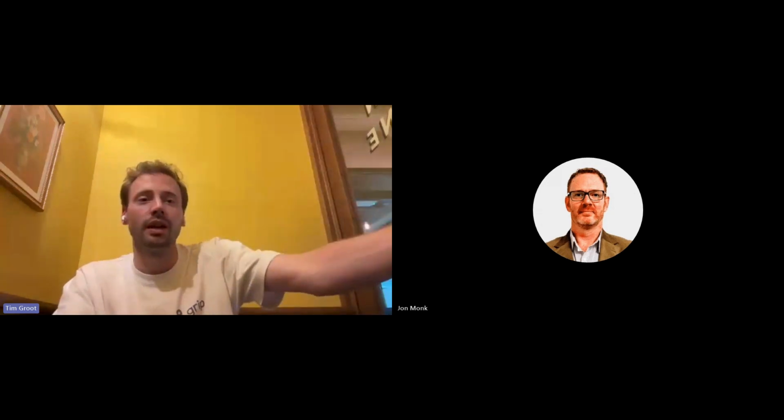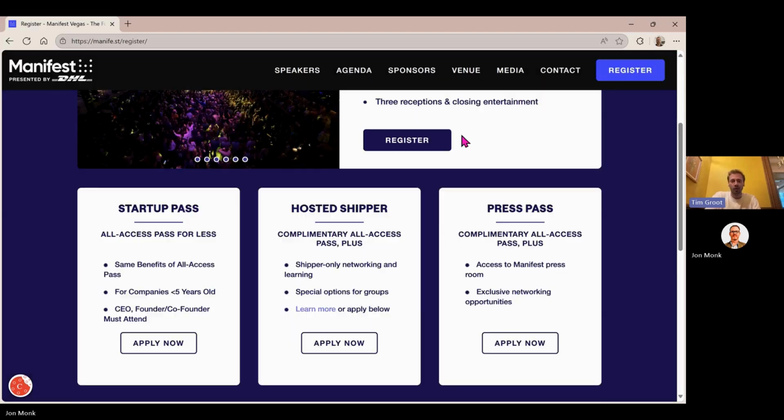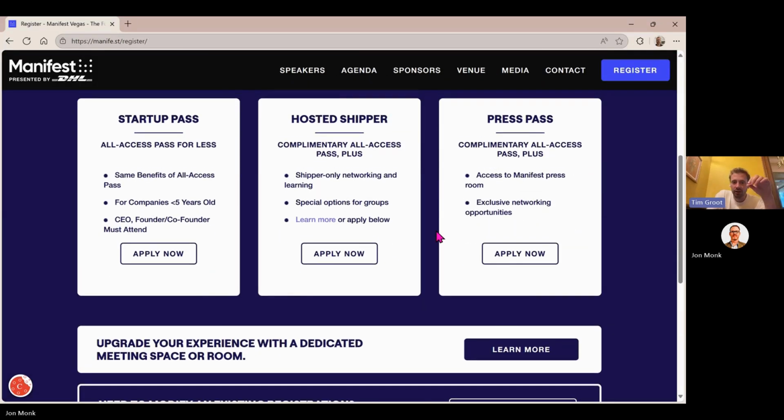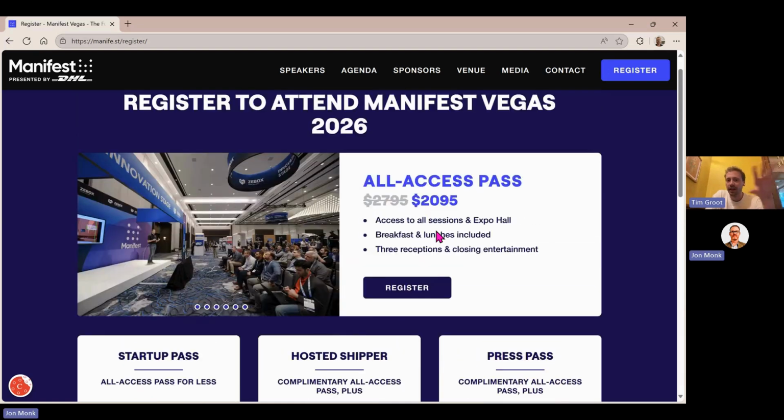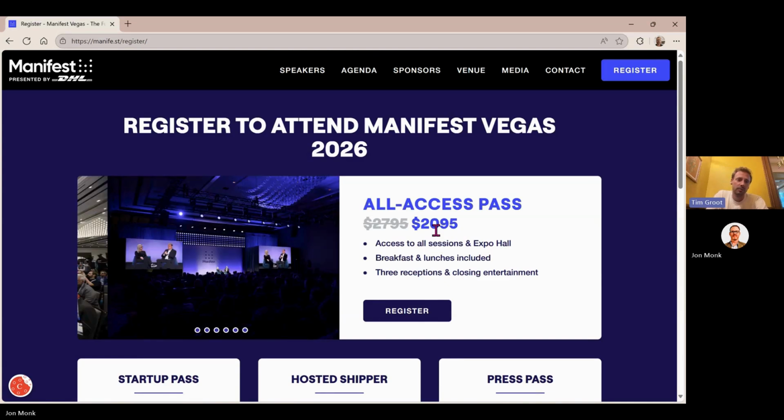Being able to communicate that value prop and say, this is why you should be buying this pass, on this kind of pre-page really helps, because I think it increases the conversion rate once people actually get to that form.